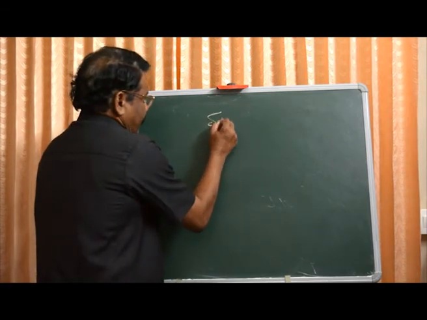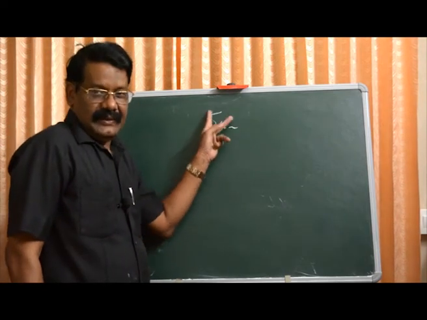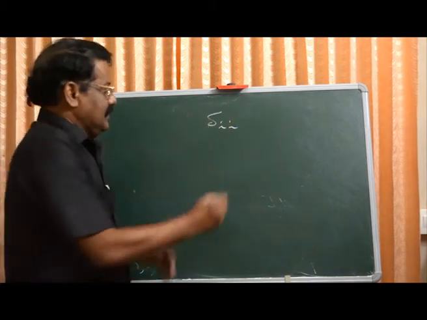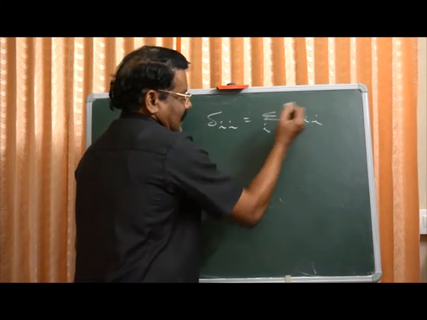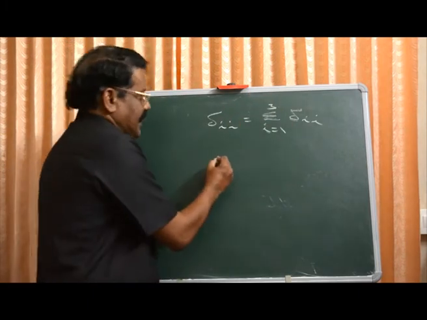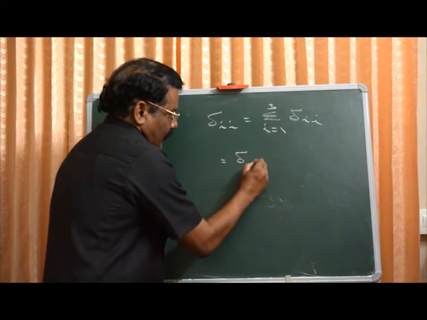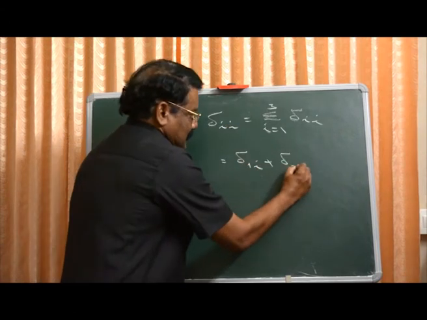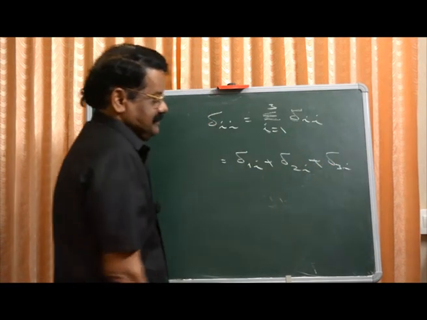Delta ii is repeating. So according to the summation convention, this can be written as summation over i of delta ii. i runs from 1 to 3, expanding, which is equal to delta 1i plus delta 2i plus delta 3i.